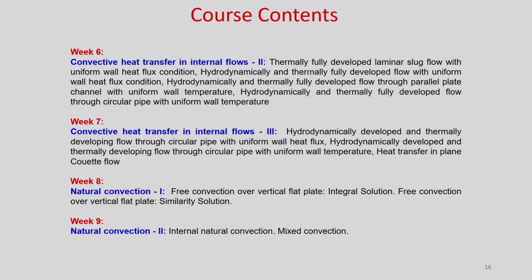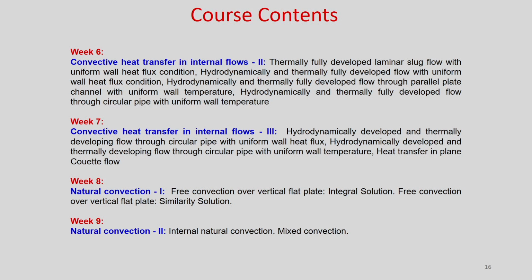First, we will discuss thermally fully developed laminar slug flow with uniform wall heat flux condition. In slug flow there will be uniform velocity. Considering that situation, we will find the temperature distribution. Then we will consider hydrodynamically and thermally fully developed flow with uniform wall heat flux condition in two different geometries.